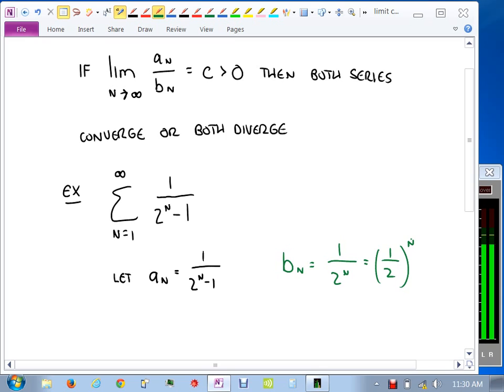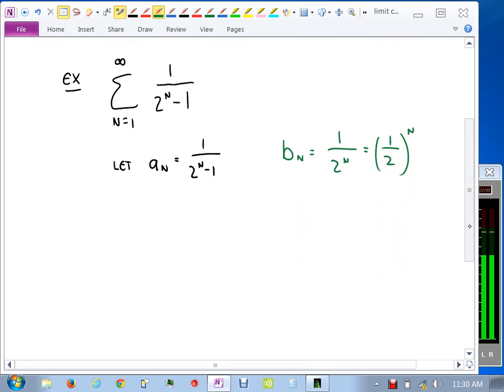But instead of trying to set up that inequality with a sub n and b sub n, trying to see which is greater or less, I'm going to set up a ratio and take the limit as n goes to infinity. That's what this third part says. So all we have to do now is find the limit as n goes to infinity of which one over which one?